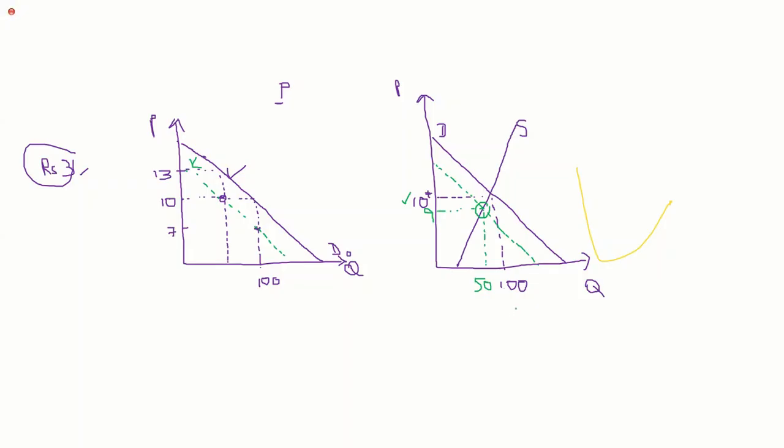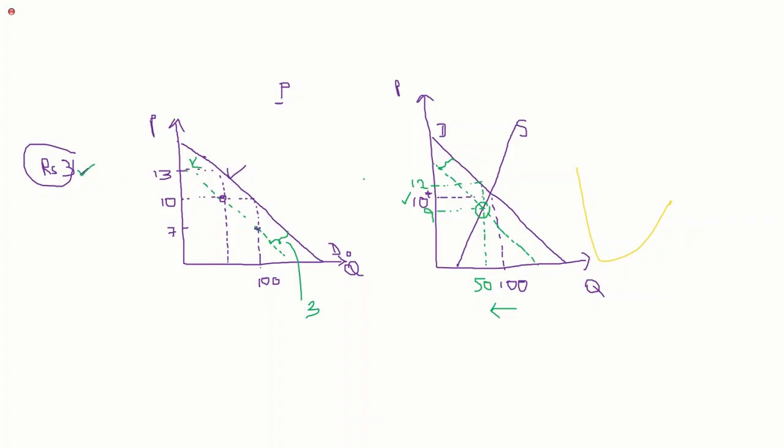The quantity goes from 100 to 50 when the price increases. Because of the tax, the demand curve shows how much the consumers pay in the market. The consumers pay much higher than the original price. Let's say this is about 12. The original price was 10, and because of the tax it has gone up to 12, but the tax amount is 3 rupees per unit.